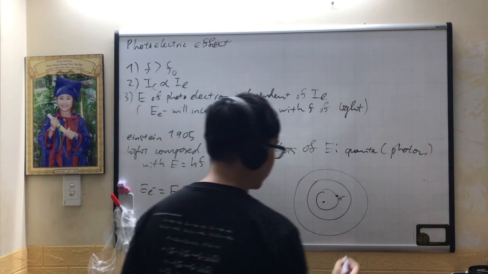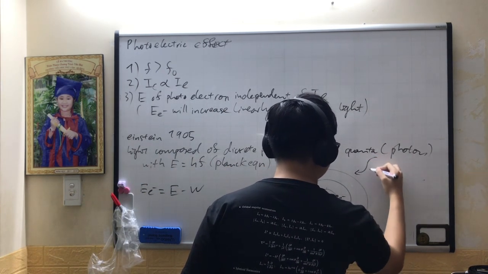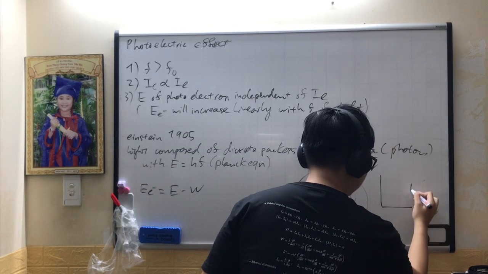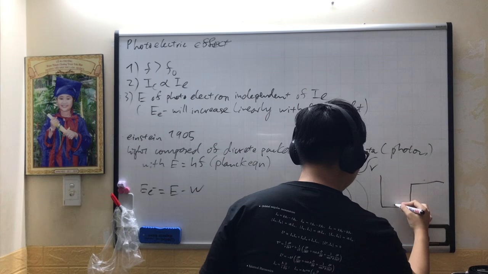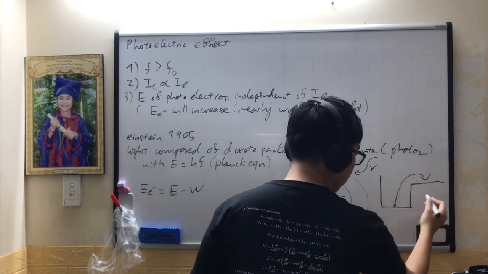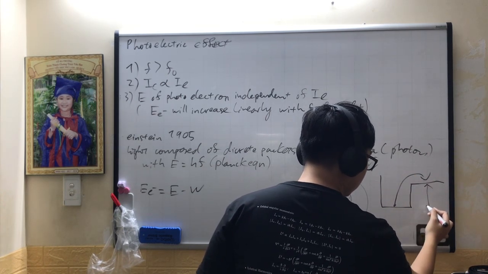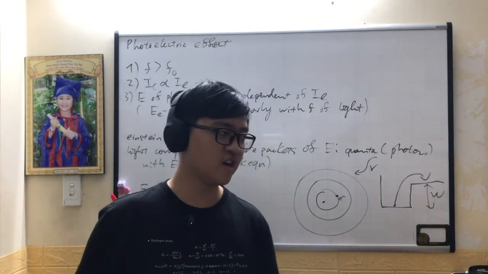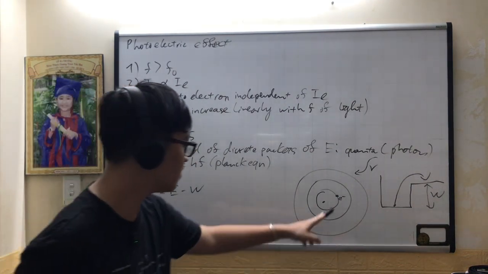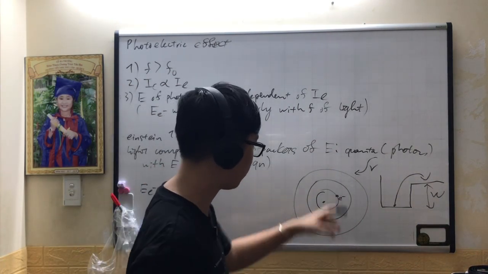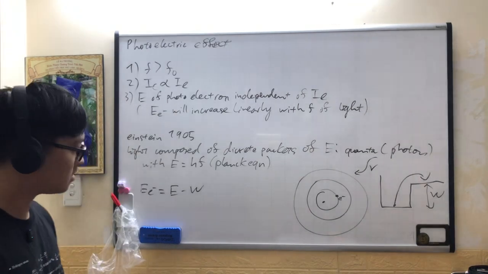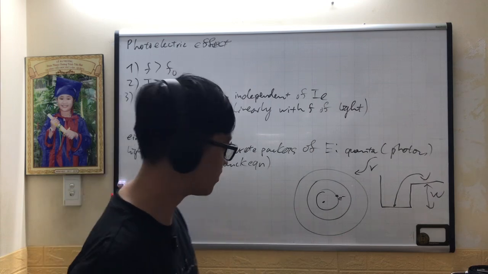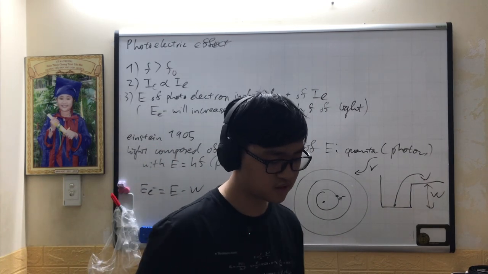To do this, you have to shine a light onto it, and you want it to take the electron up from here to here. This thing is called W. W is the energy needed to release the electron for it to emit a photocurrent. So this is the equation you use to calculate the energy needed.